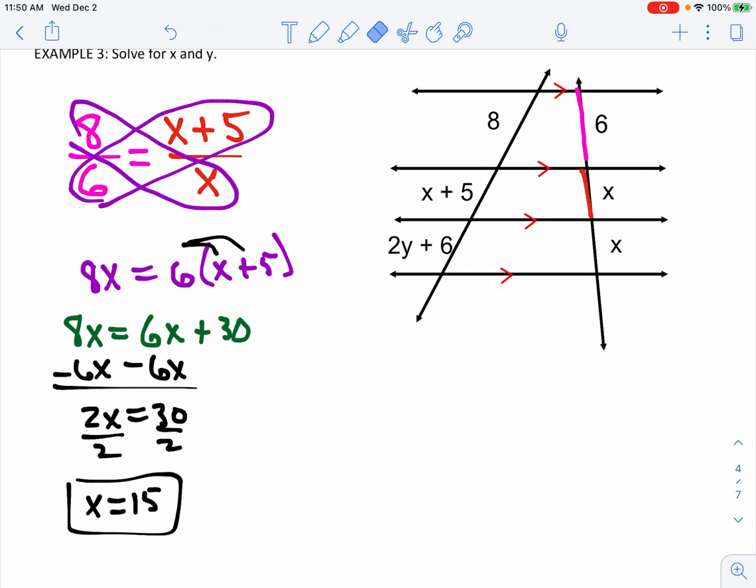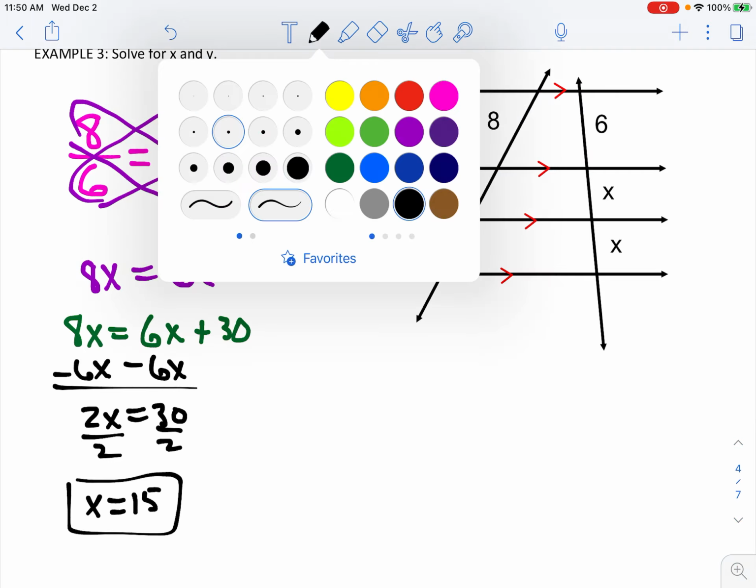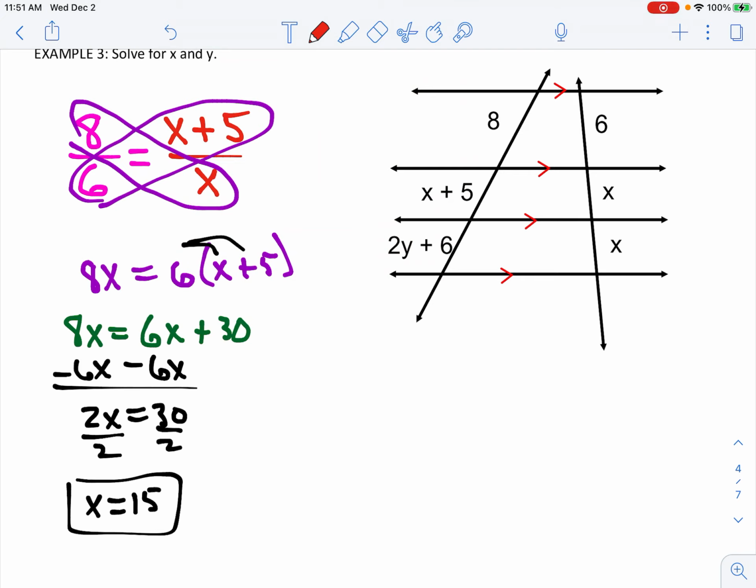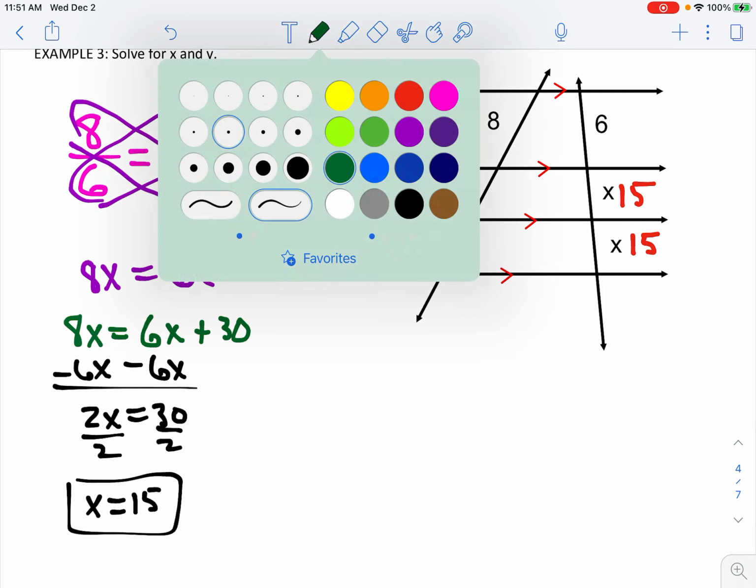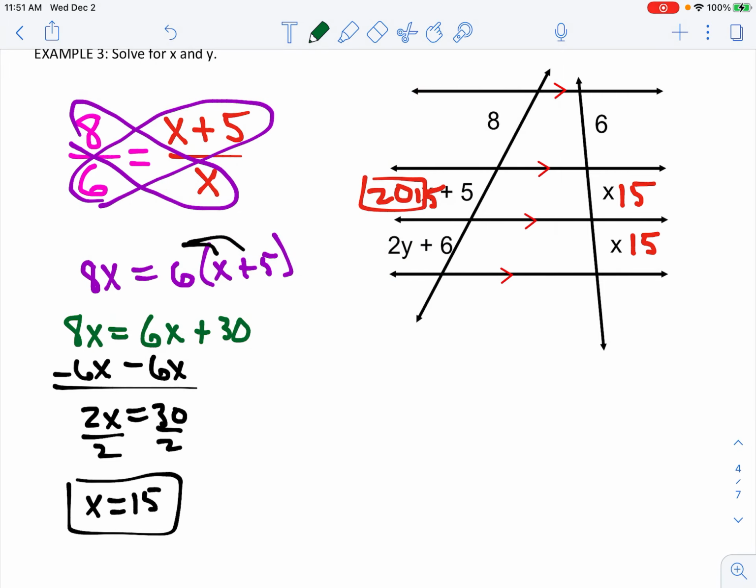Now, I'm going to take that 15 and go back to my picture and plug it in. So this should have been a 15, this should have been a 15. If I do 15 plus 5, I get 20 for this piece. Now I'm going to stay with the pattern to set up my next fraction.